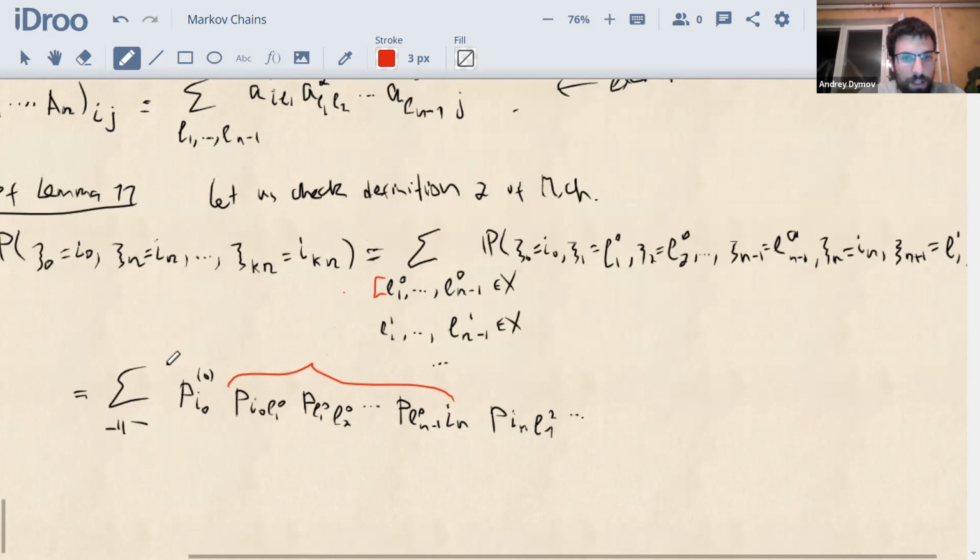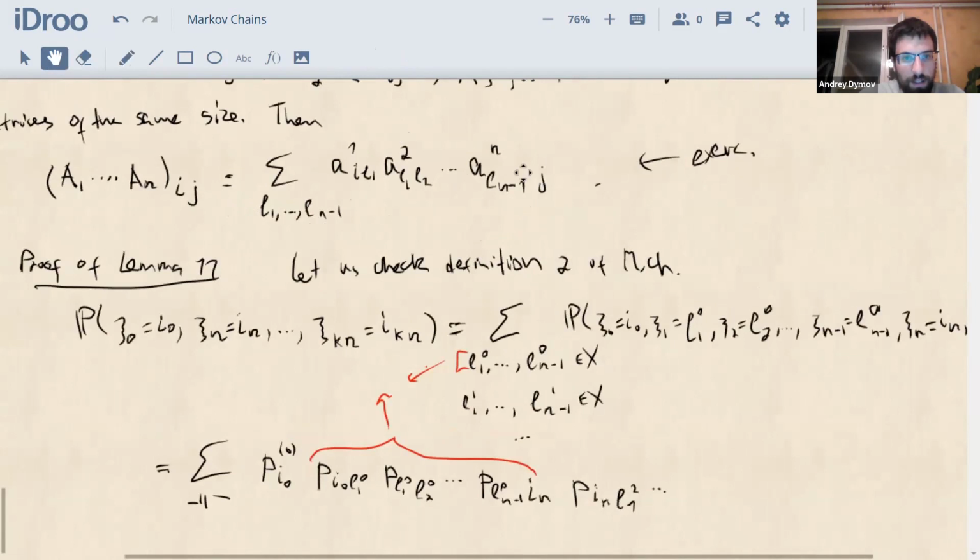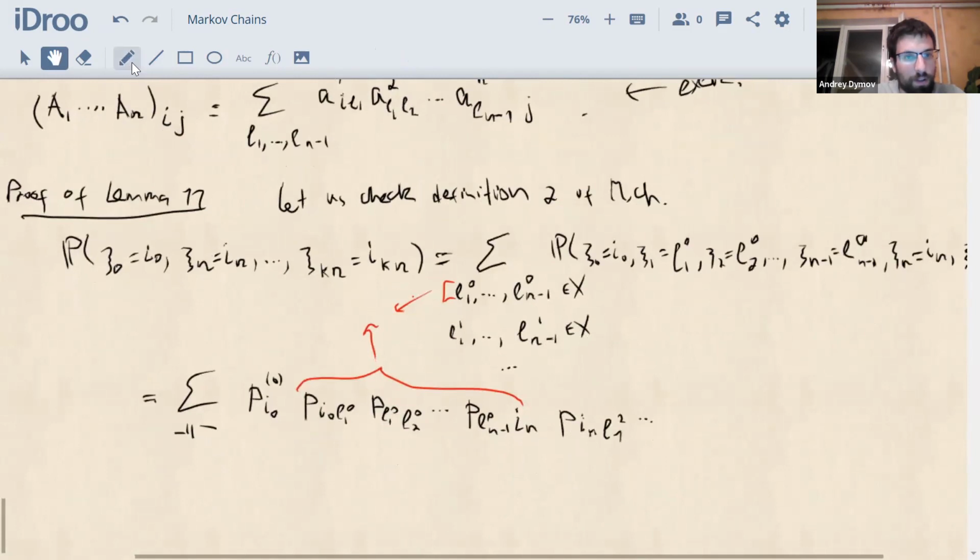So when I will take this first summation, I will get exactly my transition probability matrix P to the power n, and its component I0, this one, IN, this one, and so on, and so on.